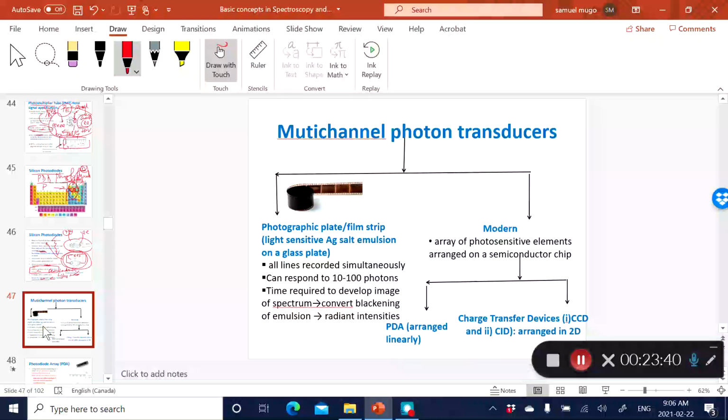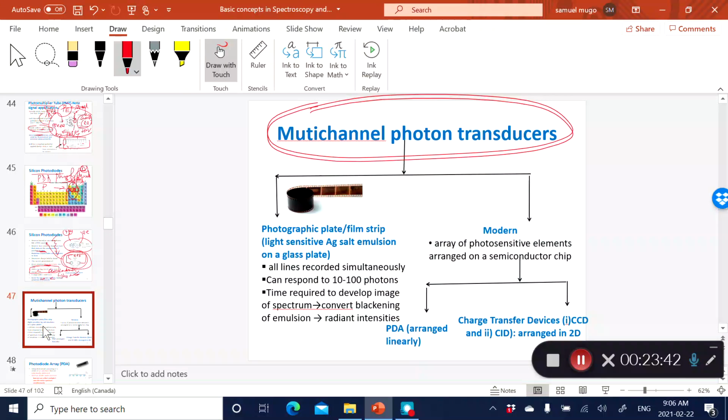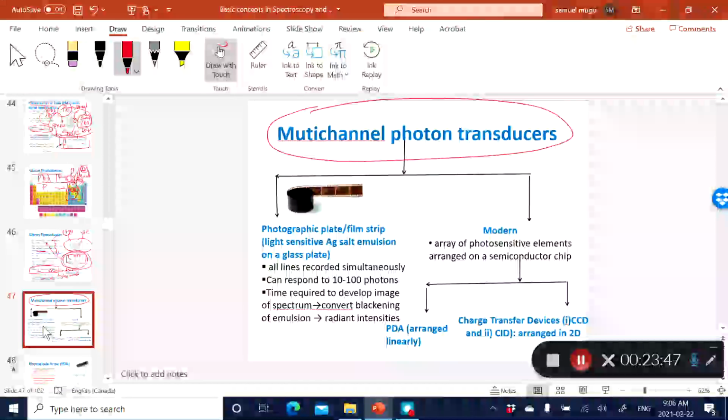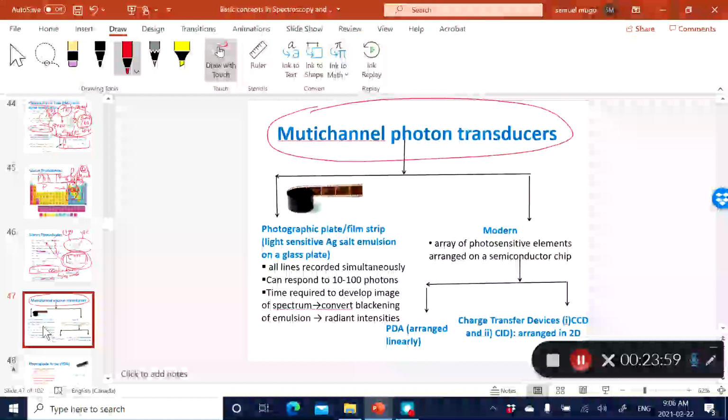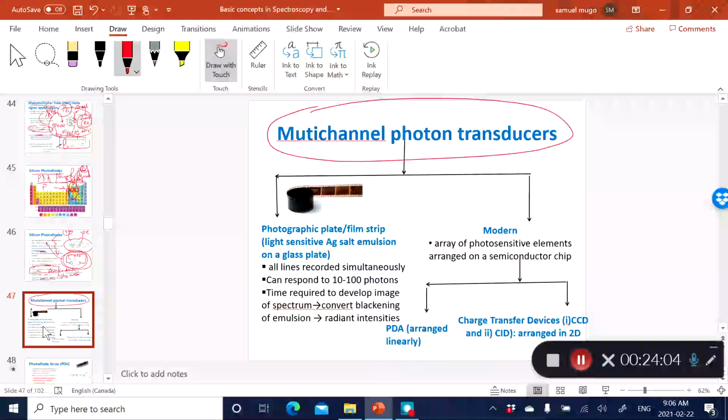Now, let me talk a little bit about what you refer to as multi-channel photon transducers, okay? Now, I think I previously told you that when you're dealing with, say, a grating, at any point in time you are only having one beam of light exit through the exit slit.